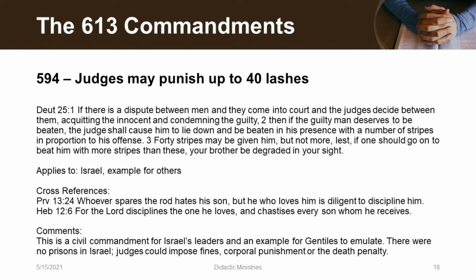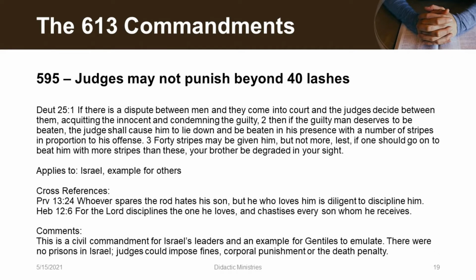Commandment 594, judges may punish up to 40 lashes. Commandment 595, judges may not punish beyond 40 lashes.